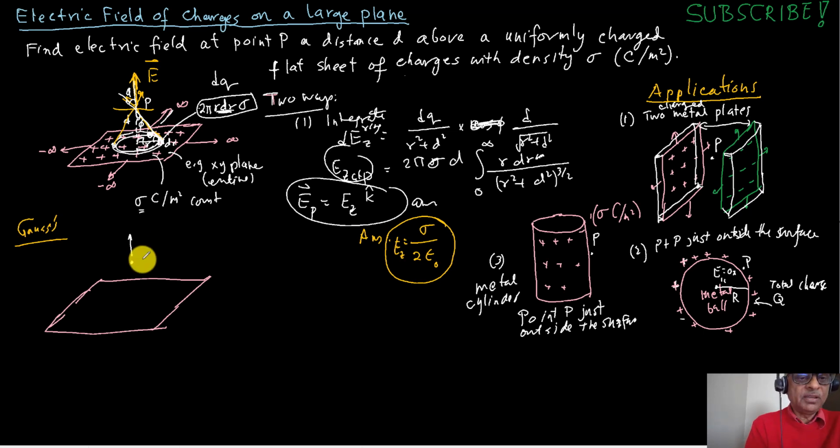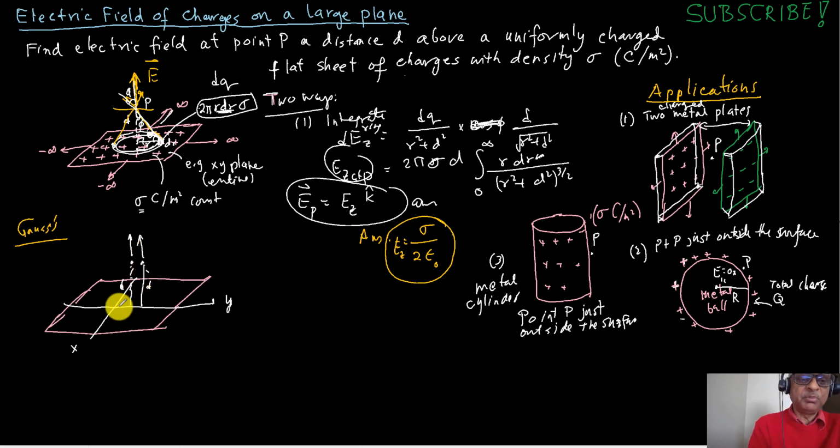So say this is the x-axis, and say this is the y-axis. If I go to another point over here, at the same distance d, the field can only depend on the distance d, right? Distance d, another point at distance d.